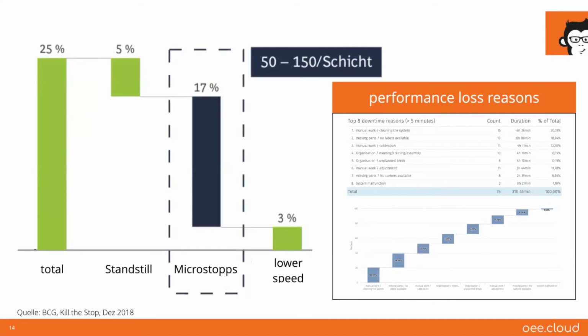So talking about performance losses, what is the problem? The problem here is that most of the companies underestimate their performance losses. And what we see is that there are two factors. One is the lower speed, like running the machine at lower speed, because the operators think that the machine runs better if they run it slower.